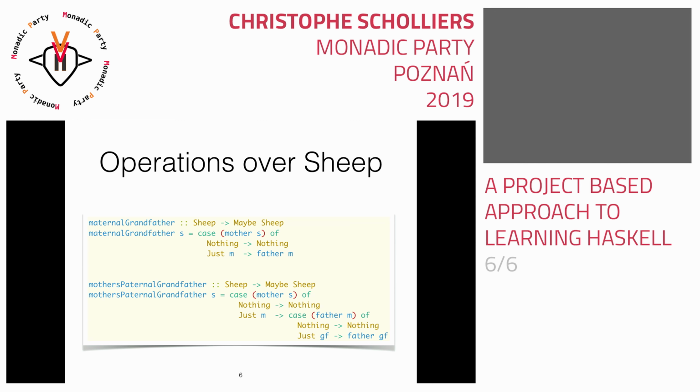Okay, so if we then make the mother's paternal grandfather, it gets a bit more complex, because first we need to do the same thing. We need to check the mother, and then if it has a mother, then we have to ask the father, and then if that's nothing, we return nothing, and otherwise, if it's the grandfather, then we take the father of the grandfather, right?